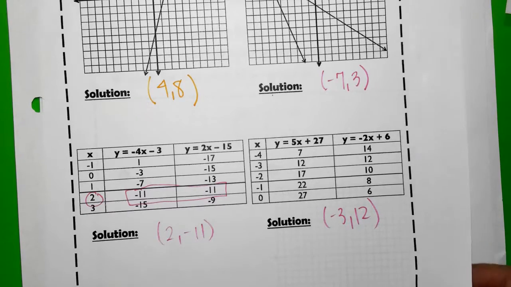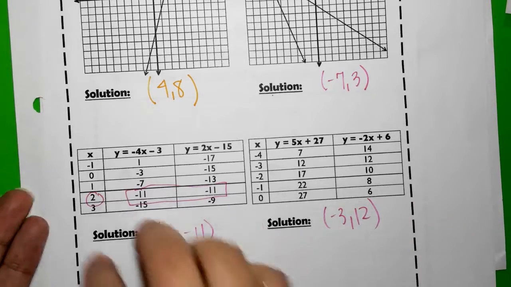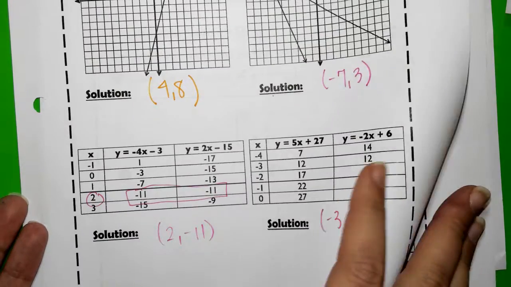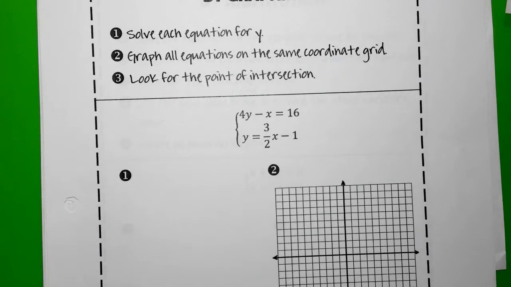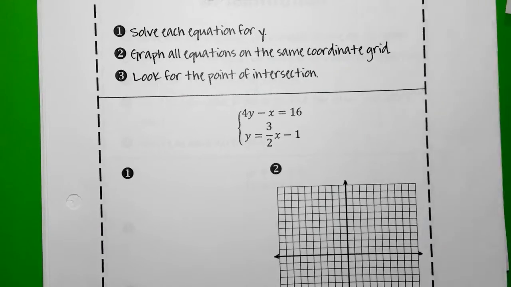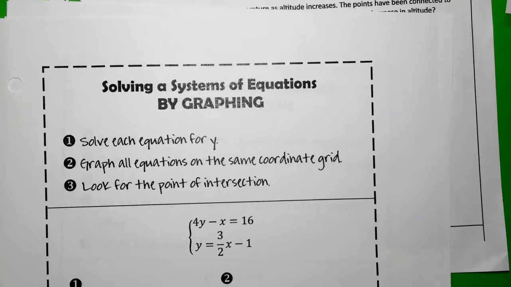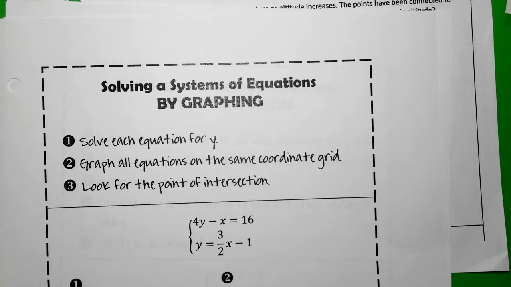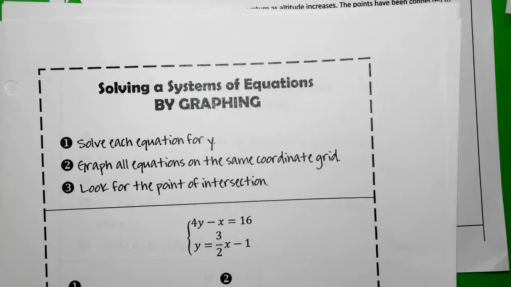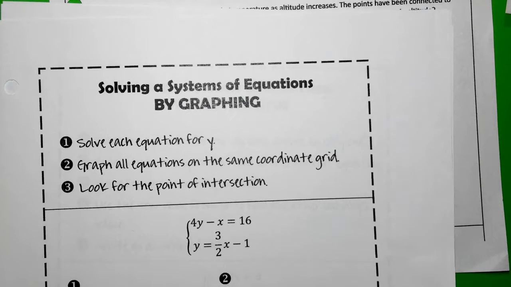Right. Alright, so what we're going to do now is we're going to take our skills of finding our solutions and we're going to apply it to graphing. So this is going to be page 36 in your notes. So the first two pages were 35A and B. This is going to be page 36.